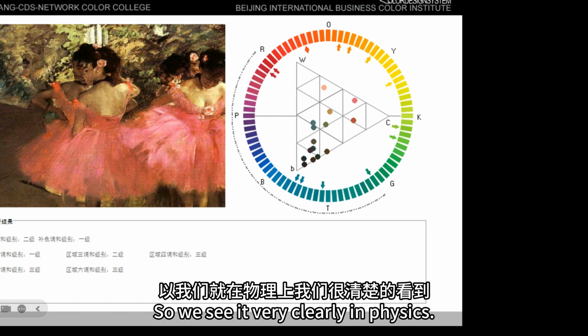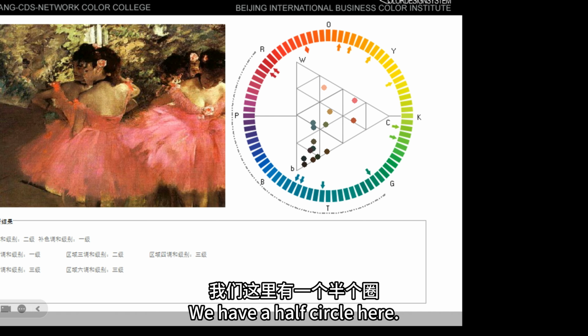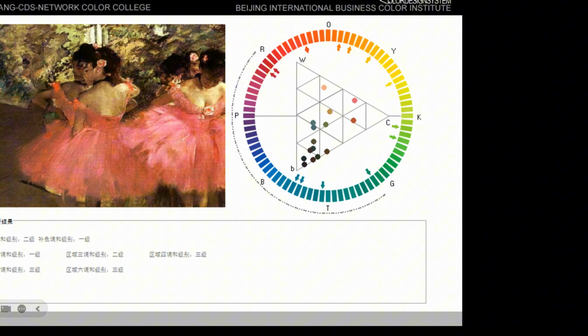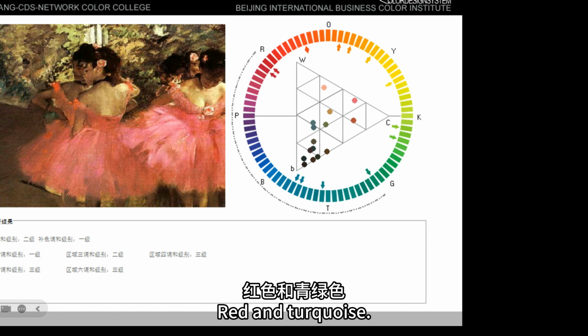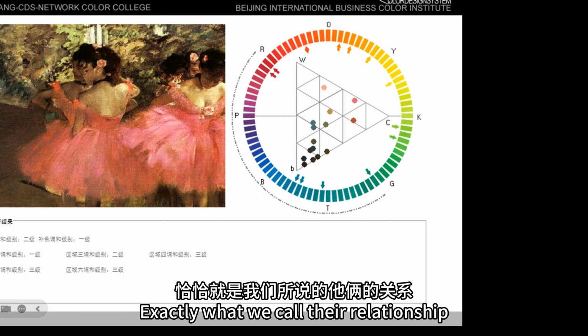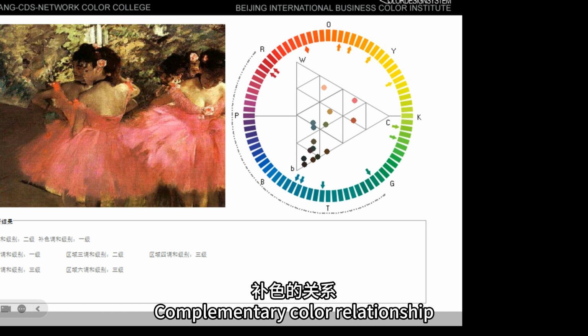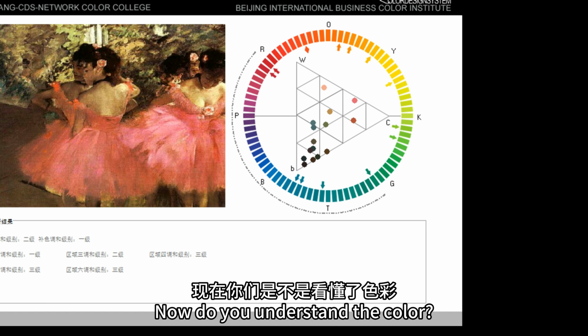So we see it very clearly in physics. We have a half circle here. He just shows it. This is a 166.5 degree zone. Red and turquoise, these two colors, exactly what we call the complementary color relationship. Now do you understand the color?